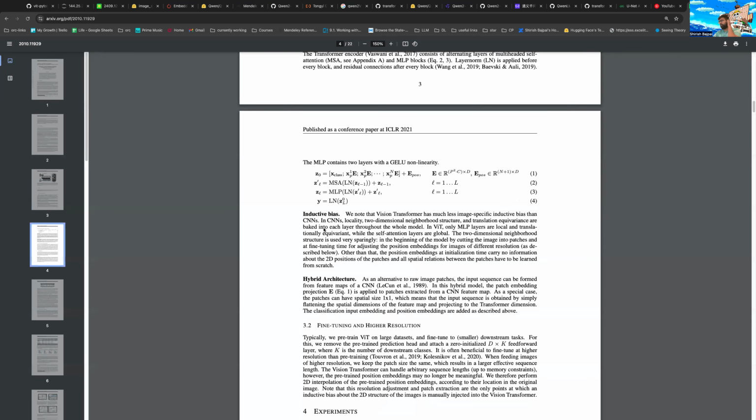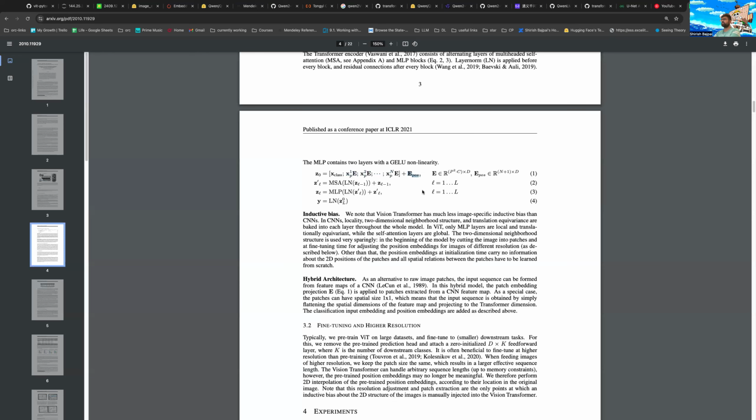Overall, if we look at the equations, the first equation is just after the embedding layer. Each of the patches is passed to the embedding layer, so here is the matrix multiplication of the embedding layer with the input patches, basically the image.